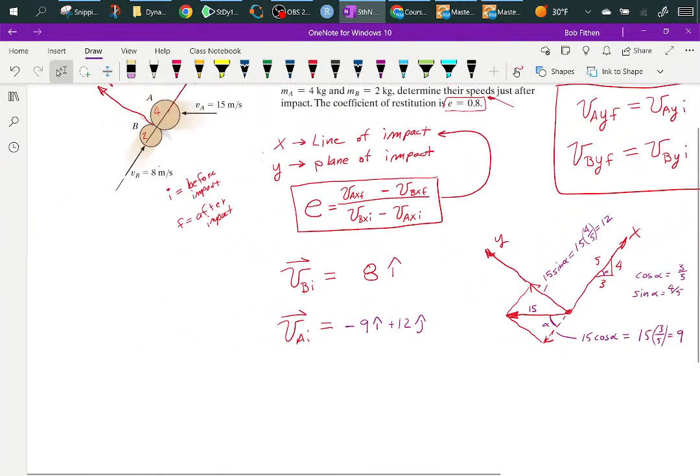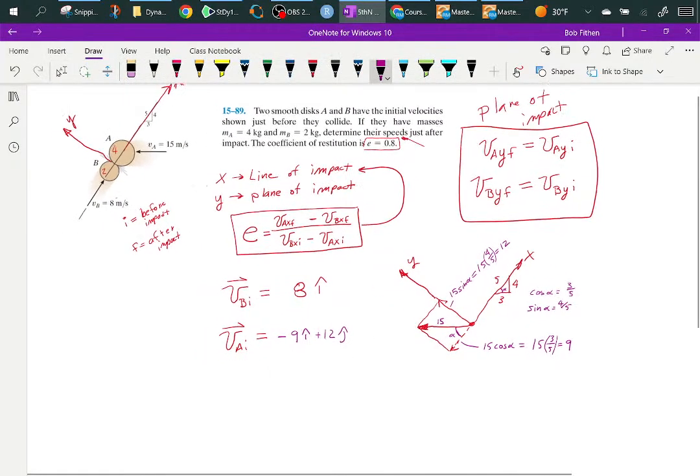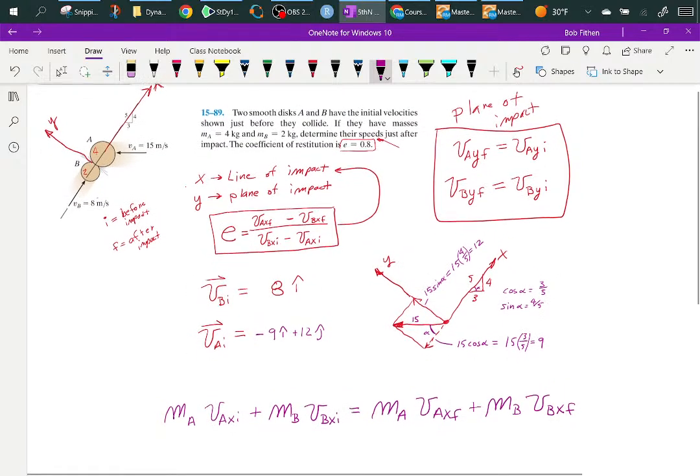Now I can say MA VAX initial plus MB VBX initial is equal to MA VAX final plus MB VBX final.